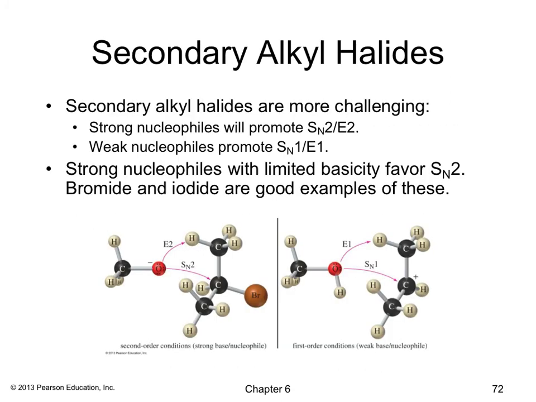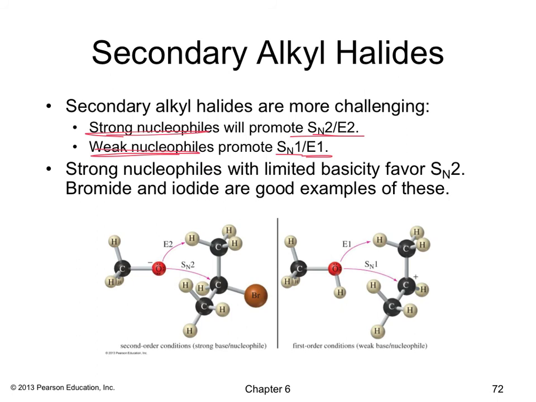Secondary alkyl halides are challenging. If you have strong nucleophiles, it will promote SN2 and E2. So this is key. If you have weak nucleophiles, it'll promote SN1 and E1. Strong nucleophiles with limited basicity favor SN2, and bromide and iodide are good examples of these.